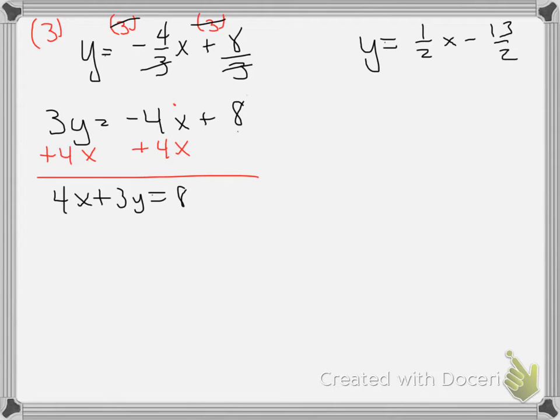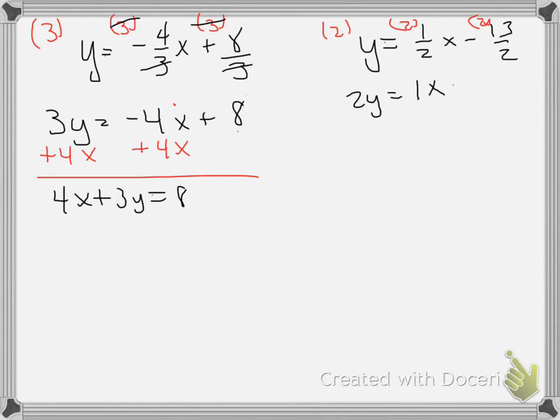Let's do this one. The common denominator is 2, so multiply 2 here, 2 to the half, and 2 to the 13. Again, this is going to turn into 2y equals 2 times 1, which is 2 over 2, which is going to turn into 1x, and I'm just going to put a 1 here just for the heck of it.